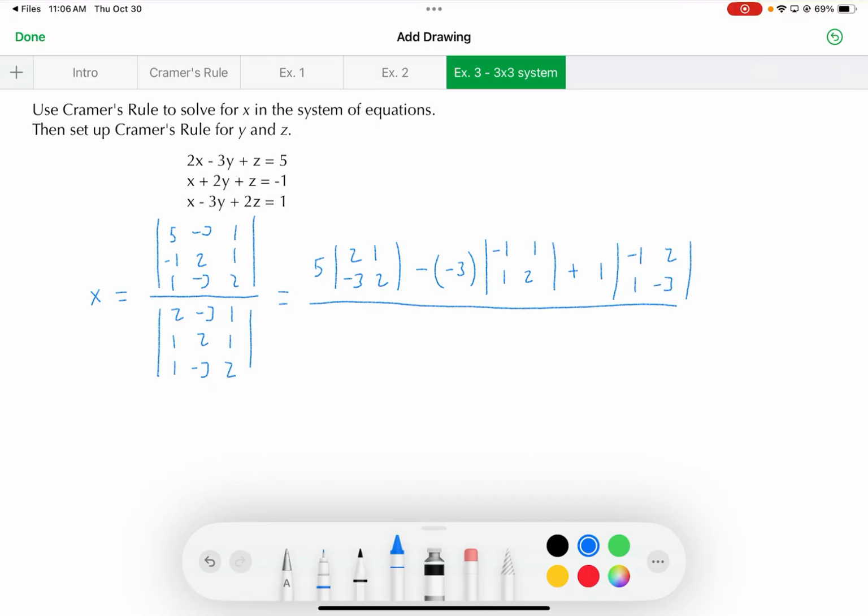I'll clean that up here in a moment. Let's expand out the bottom. 2 times its minor, 2, 1, negative 3, 2, minus negative 3 times its minor, 1, 1, 1, 2, and then plus 1 times its minor, 1, 2, 1, negative 3.